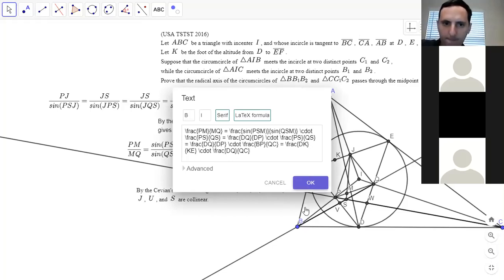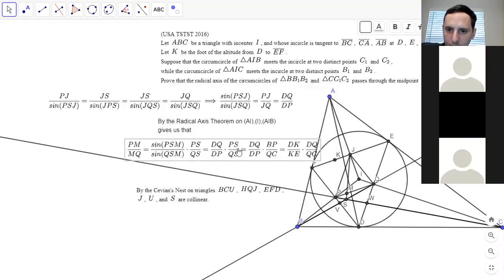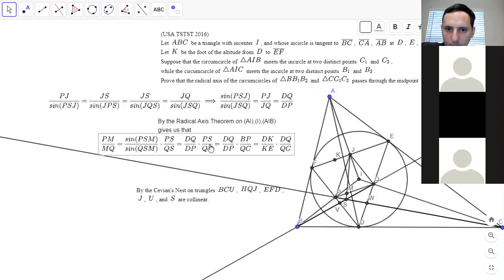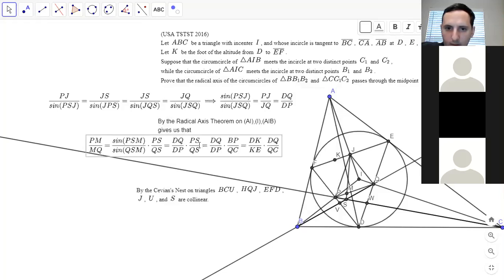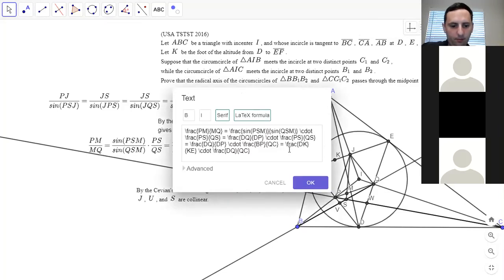And DQ over QC is KF over KD. And that will be KF over KE.